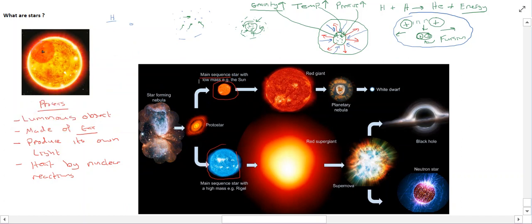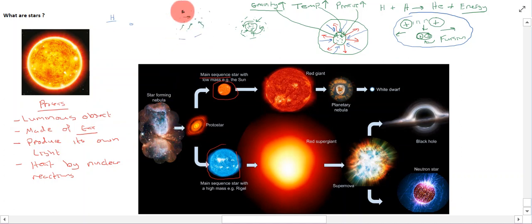So where is the luminosity coming from? Well, you have these nuclear reactions happening. Hydrogen is being fused together, making helium, and that gives out huge amounts of energy as heat and light, and that's what you see here. A star is made of gas.